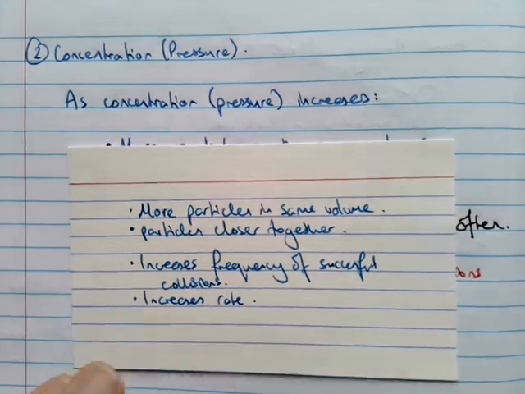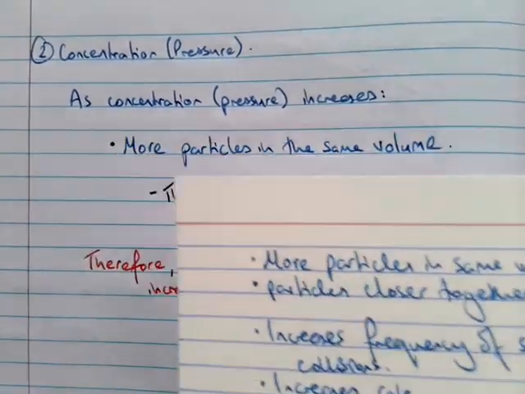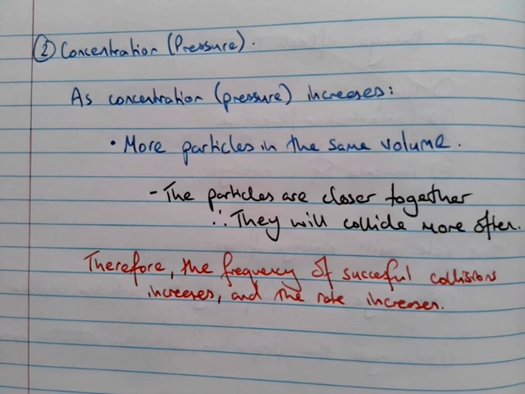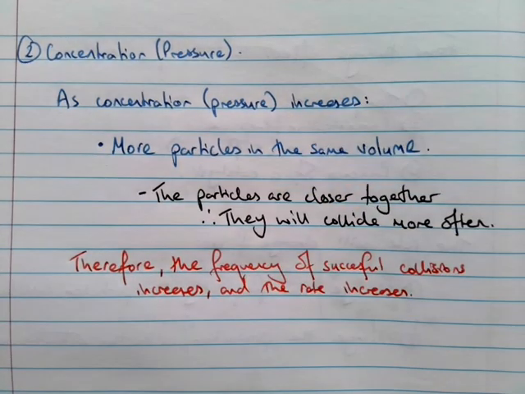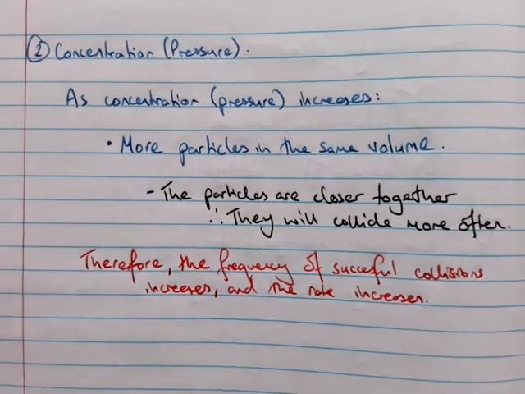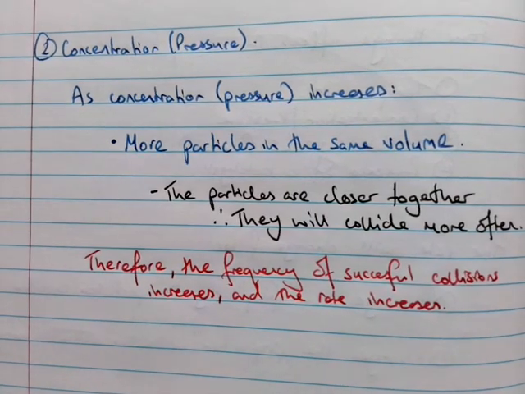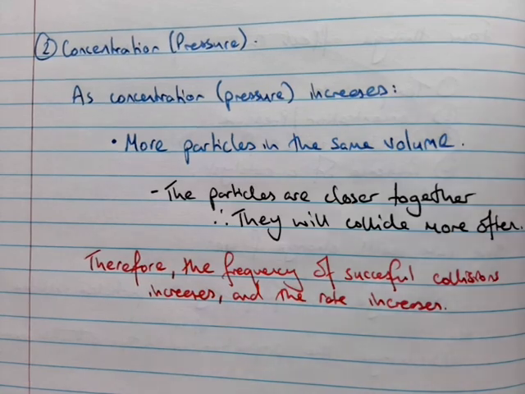Then again you have this nice contained situation for concentration and pressure. And you're going to have one for each one. So temperature, concentration, pressure, and then particle size and the presence of a catalyst.